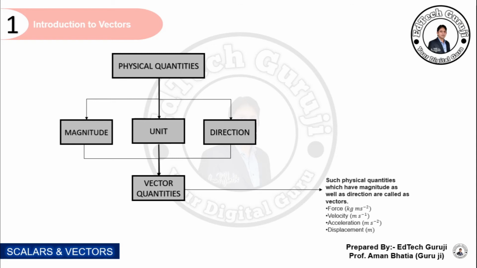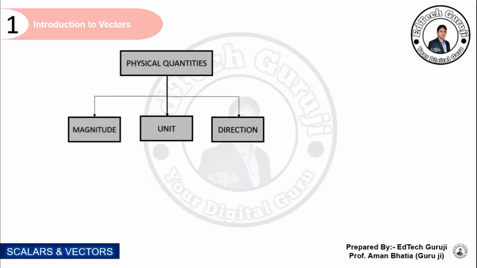Now one thing we need to understand here: in physics sometimes we come across certain quantities which are not really part of our portion, but we need to have a little understanding, that some quantities have all three things: magnitude, unit as well as a direction.